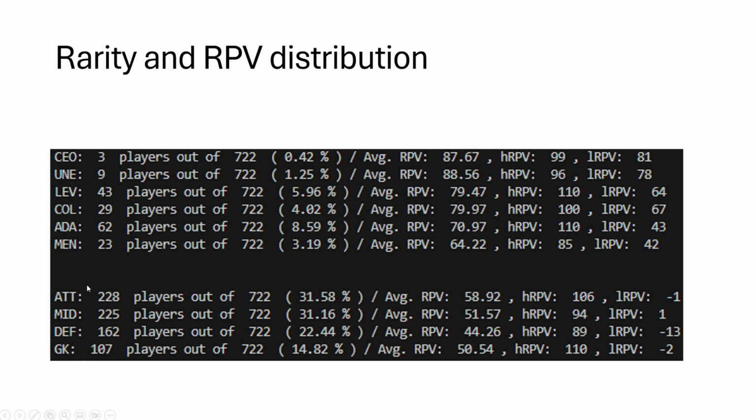Finally, looking at the positional stats, they're divided pretty evenly, as I would assume they would be. 31%, 31%, 22% for defense, and goalie is almost 15%. So it's basically like 36% in the defensive third.